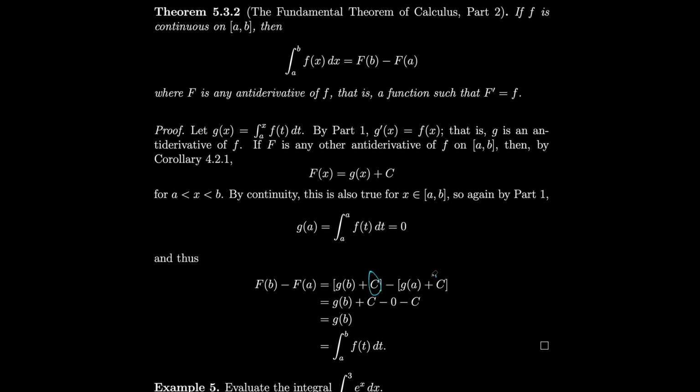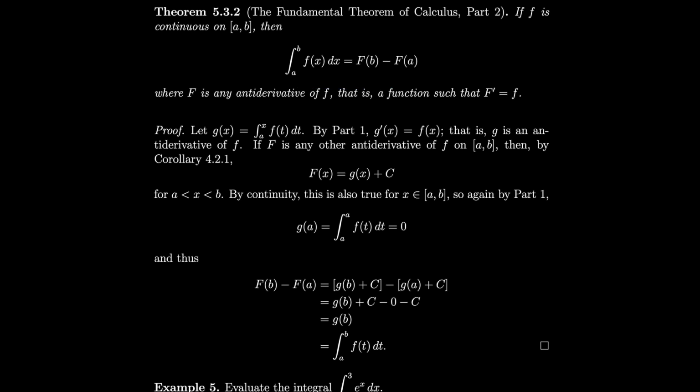The constant minus the constant cancels. g of a we just said was 0, so this whole mess is 0. So F of b minus F of a is just g of b. But g of b is if you take x and you plug in b. So that's this integral from a to b of f of t dt. Since it makes no difference between calling it t or x, we basically have this now proven by part 1.